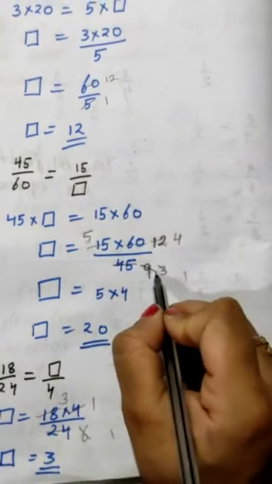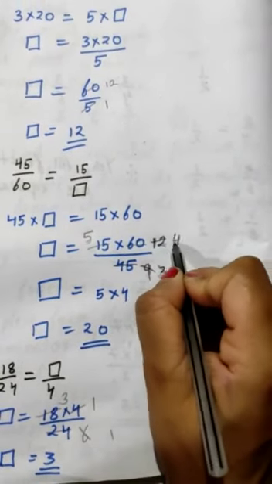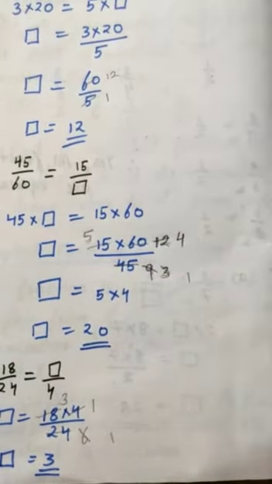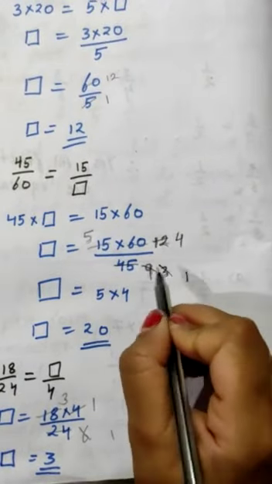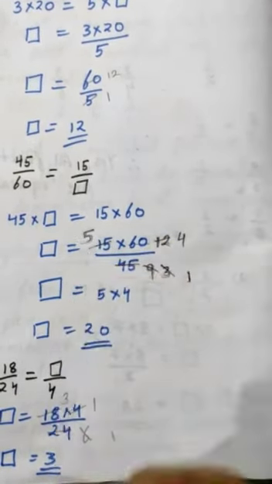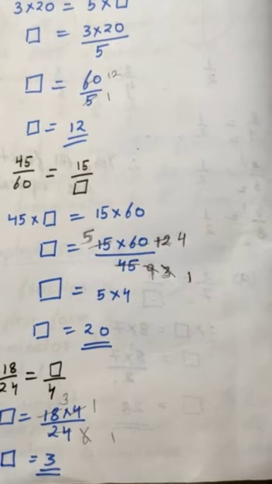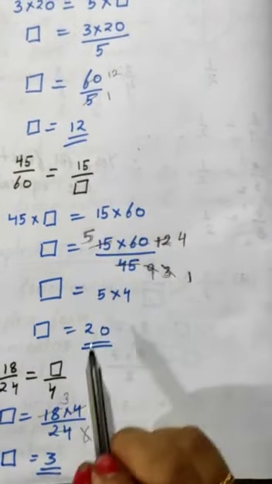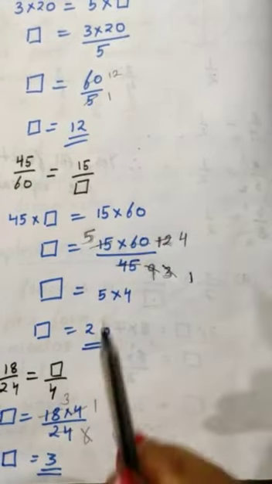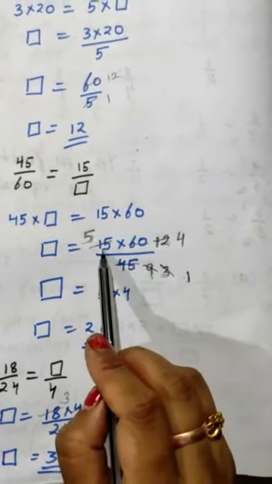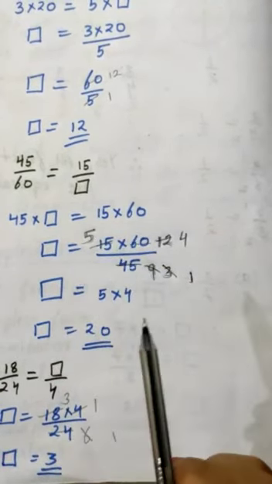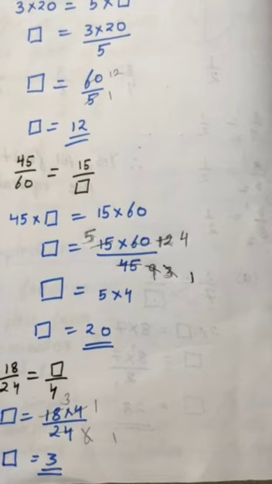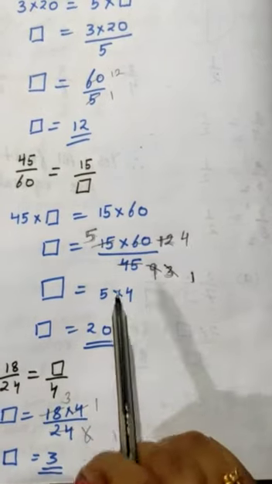Then 3 3s are 9 and 3 4s are 12. Then again 3 1s are 3 and 3 5s are 15. Now what is remaining finally? 5 into 4, which is 20. Many students will multiply 60 into 15, and then divide the answer by 45. That is also correct, but this will take less time.